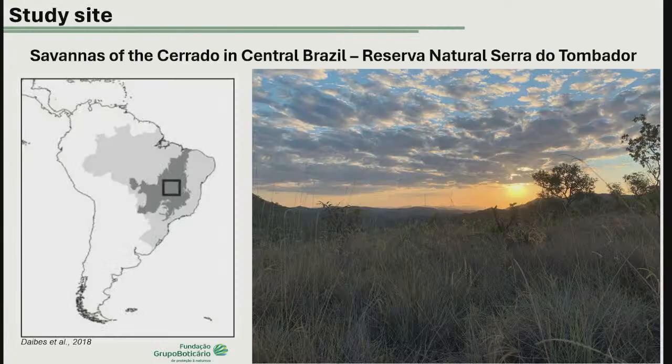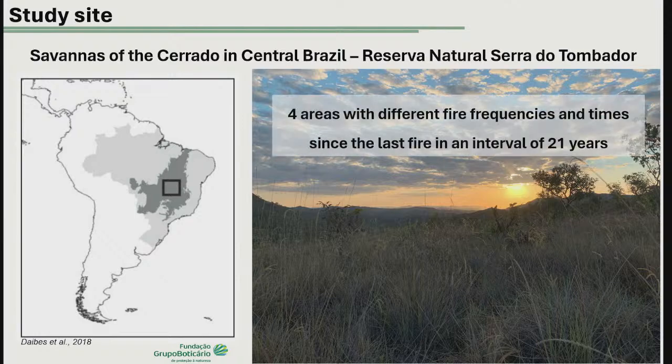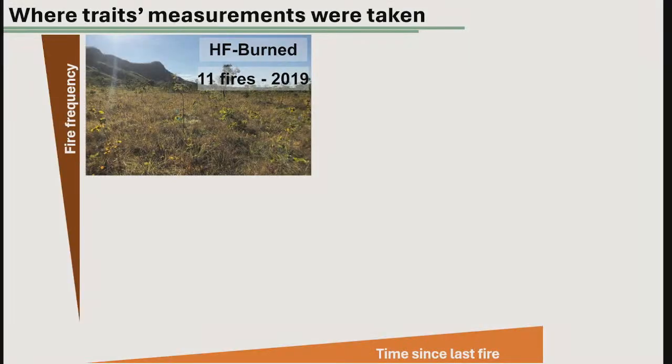So we selected areas of open savannas in the Cerrado, Central Brazil, choosing 4 areas with different fire frequencies and time since last fire in an interval of 21 years. So the first area was a high fire frequency area recently burned in 2019.